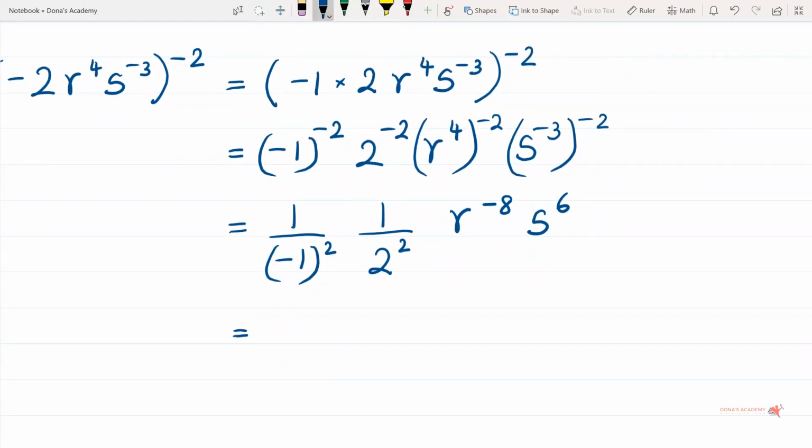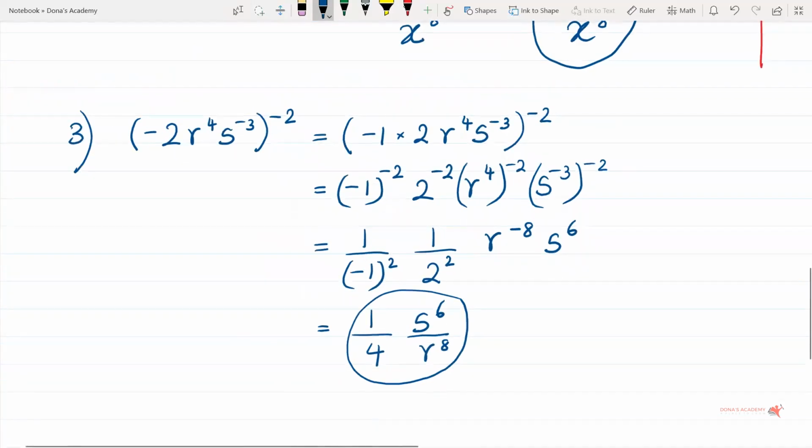Now (-1) squared means just 1. So this becomes 1 over 4, and s^6, and r^-8 can be written as r to the positive 8 in the denominator. Alright, now we see only one s, only one r, and all exponents are positive. So that means this is simplified. So this is my answer.